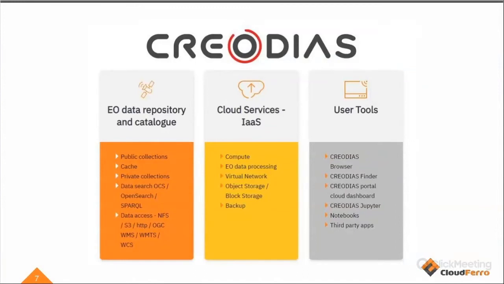There are multiple cloud services in multiple locations where you can process the data on compute, renting the compute power, or using Kubernetes, or using our processing as a service functions.